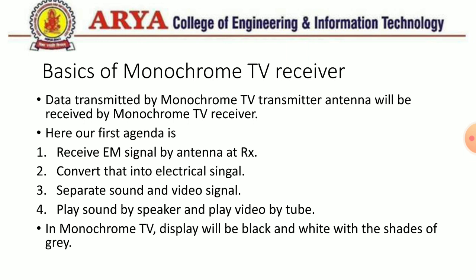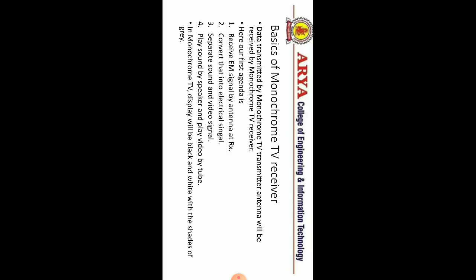And in monochrome TV receiver, the display will be in terms of black and white with shades of gray. So brightness will justify the complete picture detail which is in terms of black and white. So let us see the basic block diagram of monochrome TV receiver.